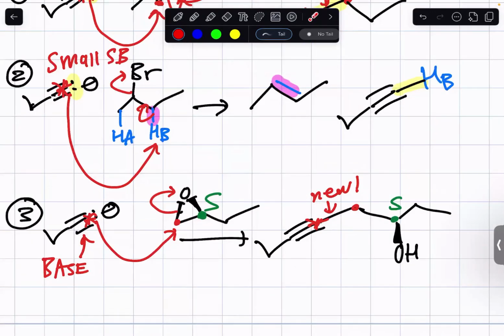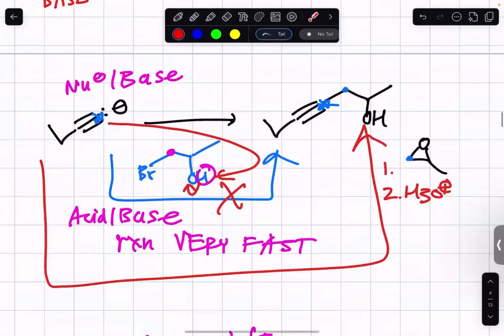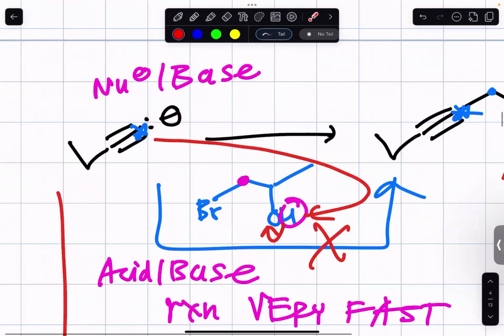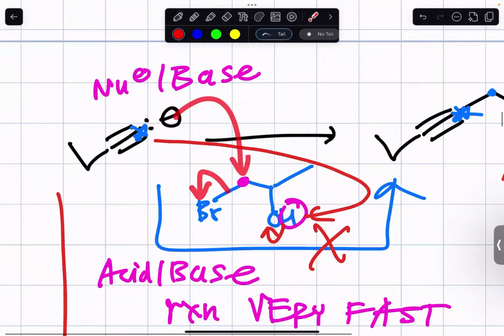Back to scenario number 2. Why won't the strong base attack the carbon-bromine? Oh, this one right here. The reason why it does not attack the carbon-bromine is because there's a competing reaction, which is the acid-base reaction. When we attack that electrophile right there and kick out the bromine, that would be SN2, a nucleophile-electrophile reaction, where the nucleophile is this alkyl anion and the electrophile is this carbon here.